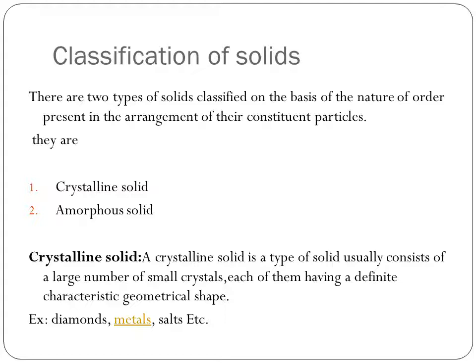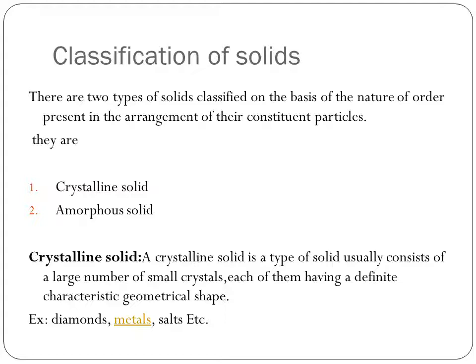Dear students, solids are made up of particles like atoms, molecules or ions. So these particles are called constituent particles. So therefore, solids are classified based on the arrangement of these constituent particles. If I use the word constituent particles, you need to understand it as atoms or molecules or ions.